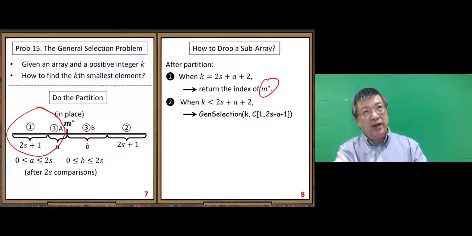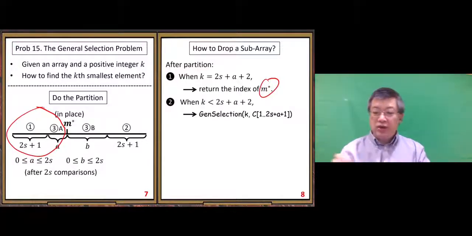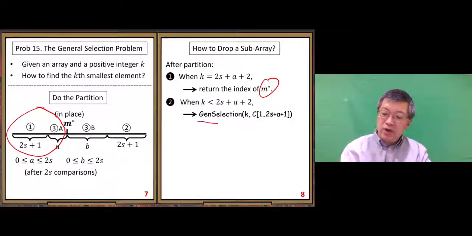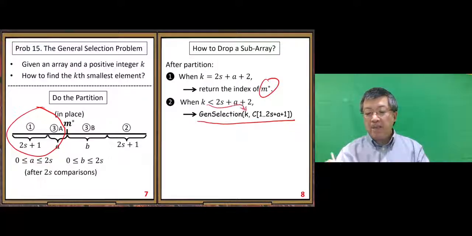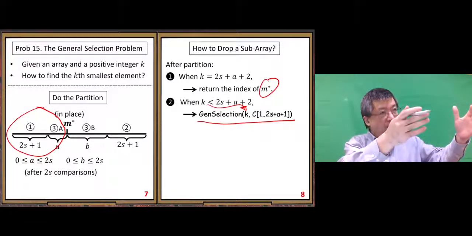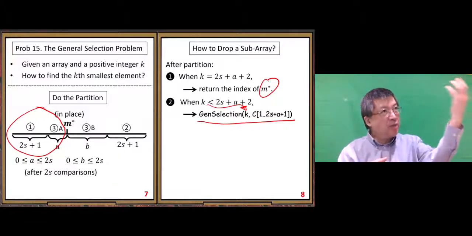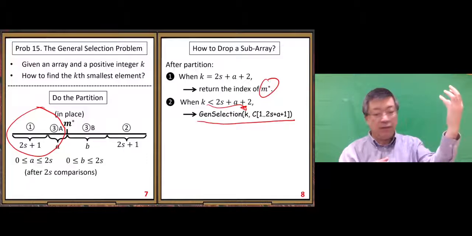So then, to solve it, we make our recurrent function call on the left subarray, and the rank number is still the same as that k. After we reduce the array size, the rank number is still the same.